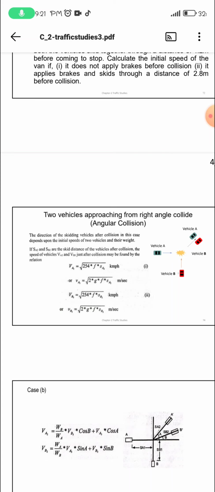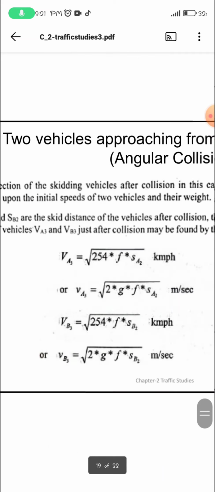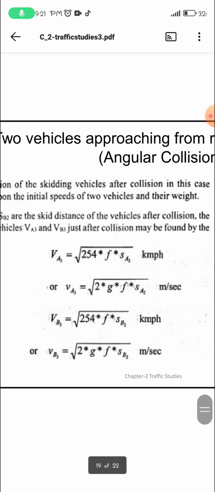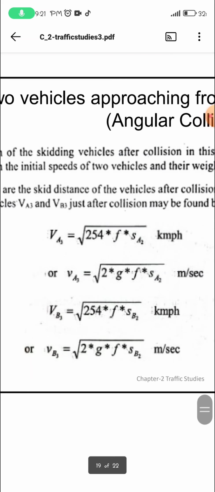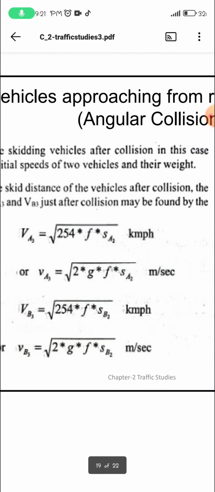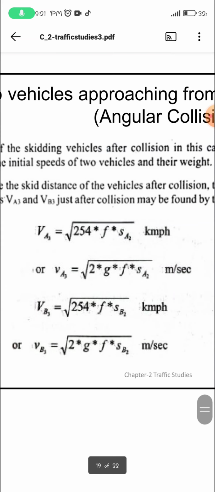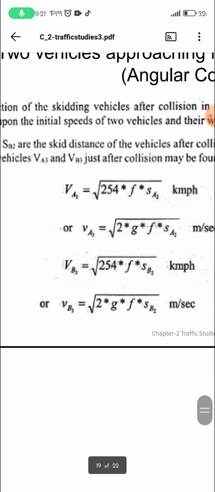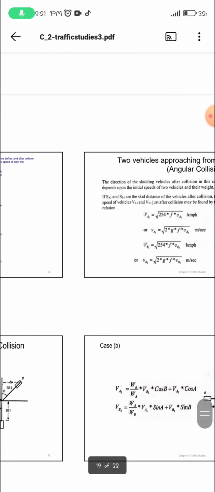If SA2 and SB2 are the skid distances of the vehicles after collision, the speeds of vehicles VA3 and VB3 just after collision may be found by the relation VA3 equal to under root 254 into F into SA2 kilometer per hour, equation number 1, or VA3 equal to under root 2 into g into f into SA2 meter per second. And VB3 equal to under root 254 into F into SB2 kilometer per hour, equation number 2, or VB3 equal to under root 2g into f into SB2 meter per second.